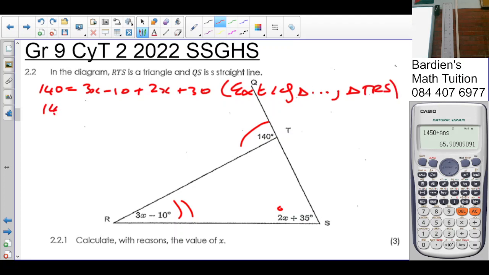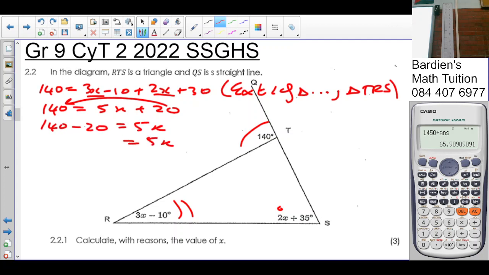So that's going to give you 140 is equal to 5x plus 20. x is on one side, numbers on the other side, so 140 minus 20 is equal to 5x. 120 divided by 5 is 24 degrees.